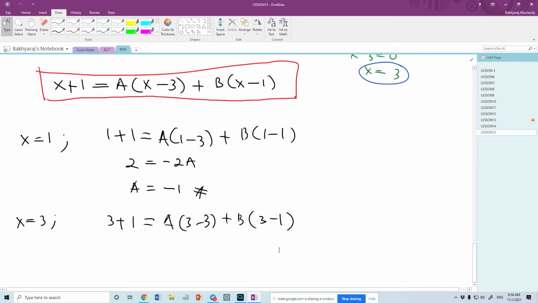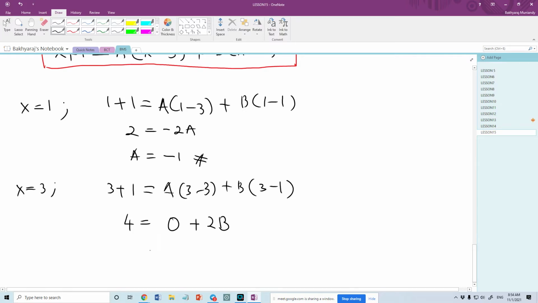Okay, so kita akan dapat 3 plus 1 is 4, and then A times 0 you get 0, and then plus 2B. 3 minus 1 is 2, so 2 times B is 2B. So B you will get, okay, 4 divided by 2, you get 2, right? So B is equal to 2.